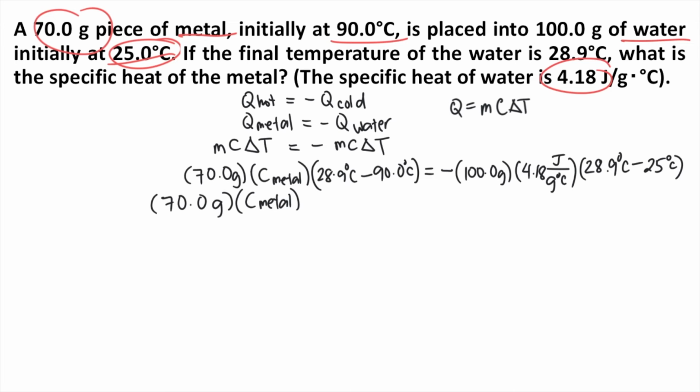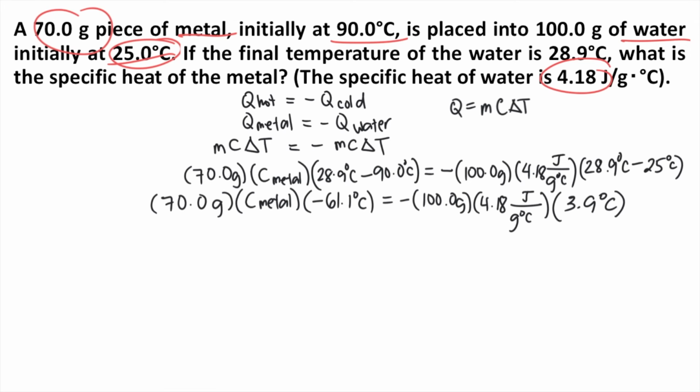Solve in your calculator, 28.9 minus 90, that is equal to negative 61.1 degrees Celsius, equal to negative 100.0 grams times 4.18 joules per gram degree Celsius. And then we have 28.9 minus 25. That is equal to 3.9 degrees Celsius.